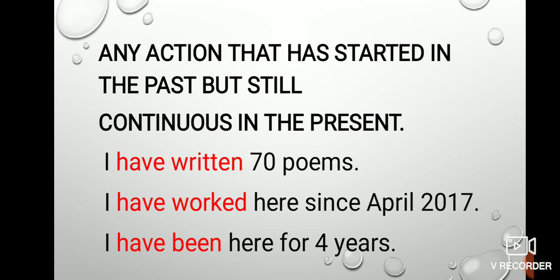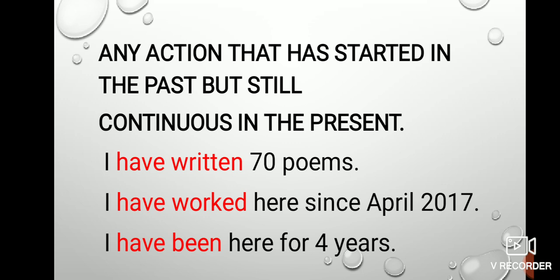Okay, children? See the third sentence. I have been here for 4 years. Okay, so I am in Minerva for 4 years. So that is what in perfect tense I am using. I have been here for 4 years. So I am staying or I am working in Minerva for this many years. So to show the time, to show how long I am working, I am using for.